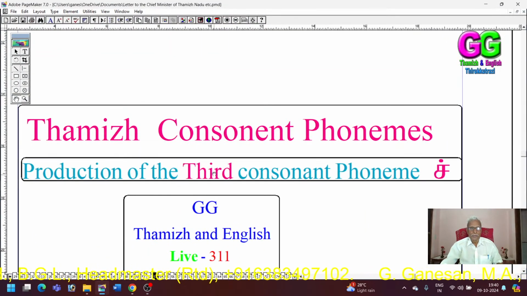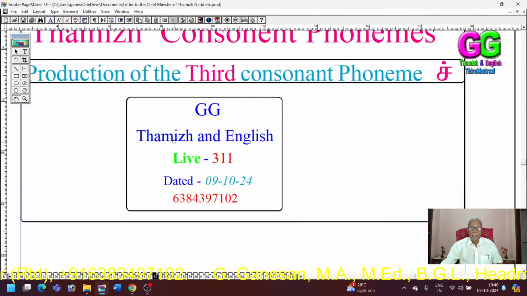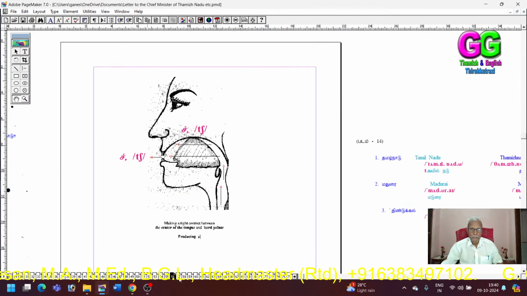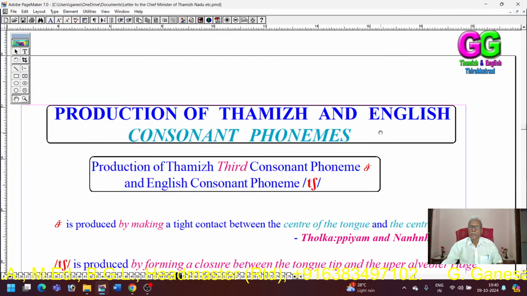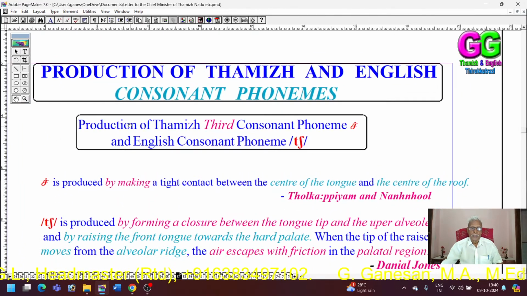Tamil consonant phonemes, production of the third consonant phoneme "ch", line 311, dated 9/10/2024. Production of Tamil and English consonant phonemes. Production of the Tamil third consonant phoneme "ch" and the English consonant phoneme "ch".